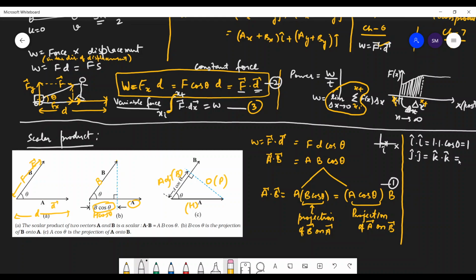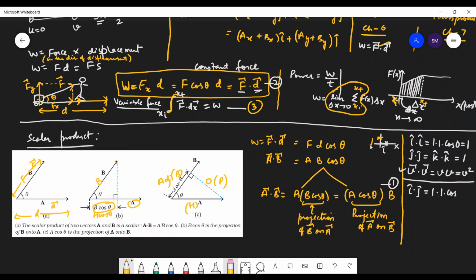Now the next thing is, what about i dot j? That is equal to magnitude of i cap 1, magnitude of j cap 1, and cosine of the angle between them. So what is the angle between them? This is i, and along the y-axis 1 unit I have a j vector.